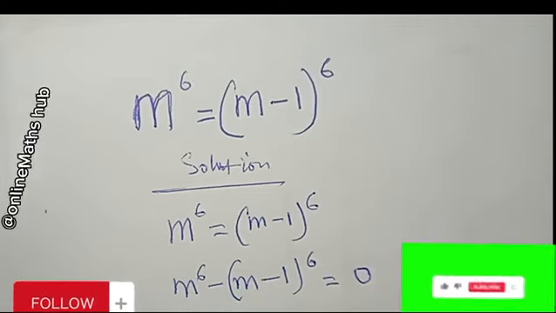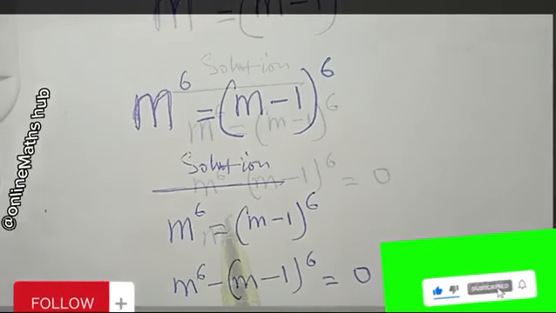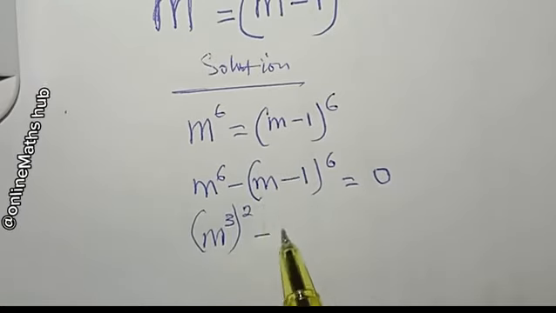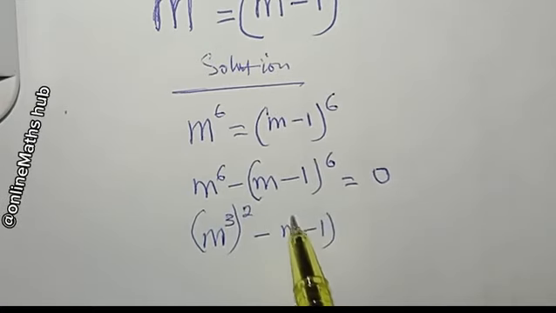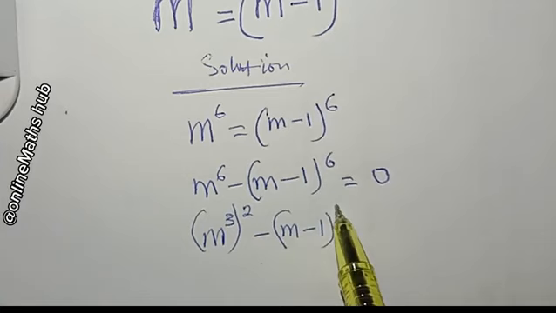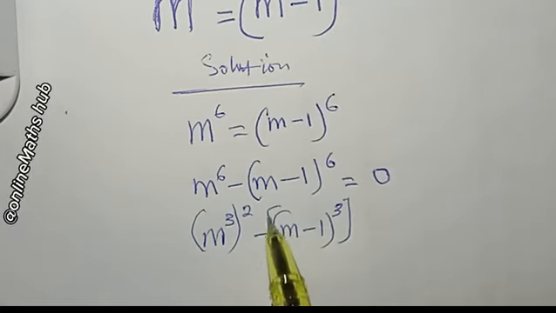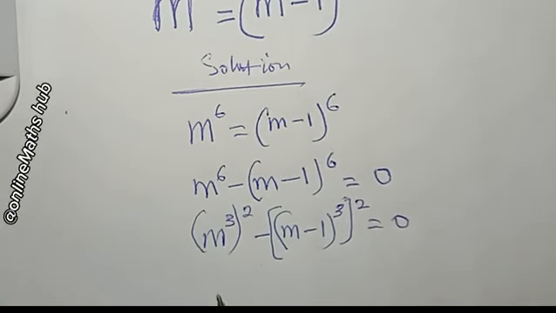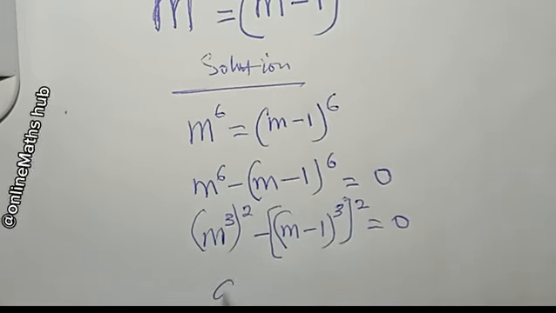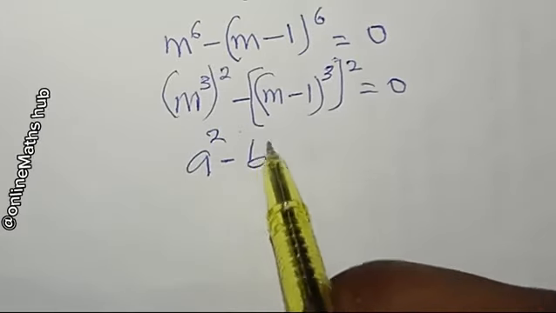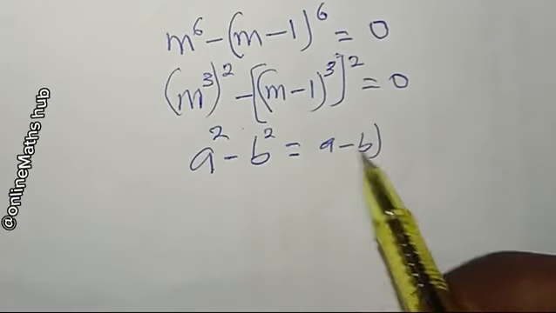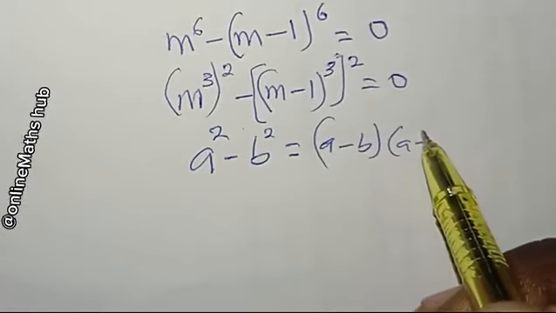So I can actually write this m power 6 as m power 3 raised to power 2, and I will also write this term that way, (m minus 1) power 3, and I will raise to power 2. Obviously what you can see here is a difference of two squares, and you can remember that if you have a squared minus b squared, this can be expanded as (a minus b) multiplied by (a plus b).